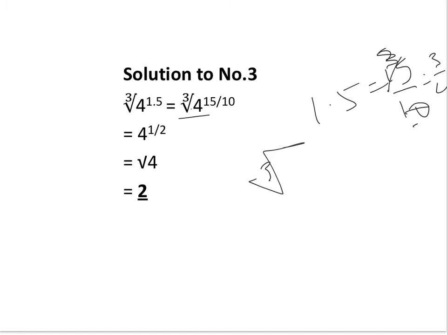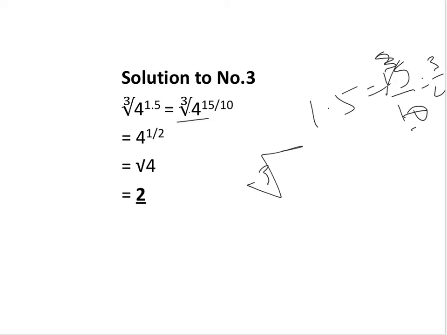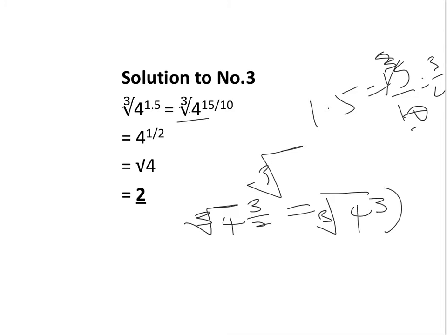So you can also represent cube root of 4 raised to power 15 over 10 as cube root of 4 raised to power 3 over 2. And this is equal to 4 raised to power 3, bracket 1 over 2.